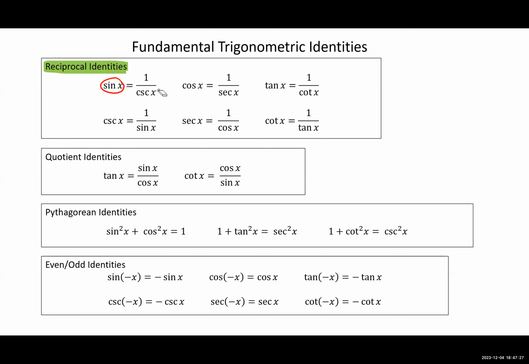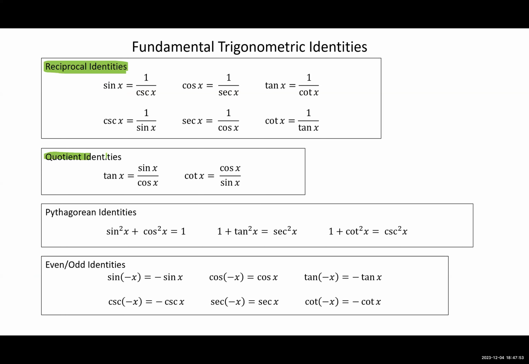We define the cosecant function as being the reciprocal of the y value of the terminal point associated with the angle. And so by definition, the sine of an angle is equal to 1 over the cosecant of an angle. Right? So this is really just restating definitions.